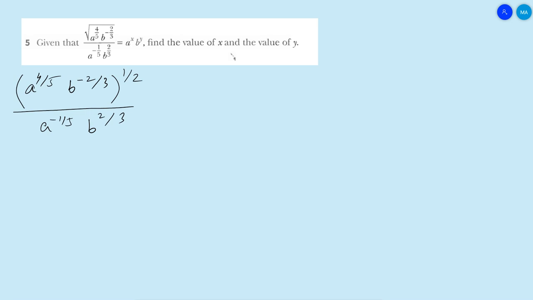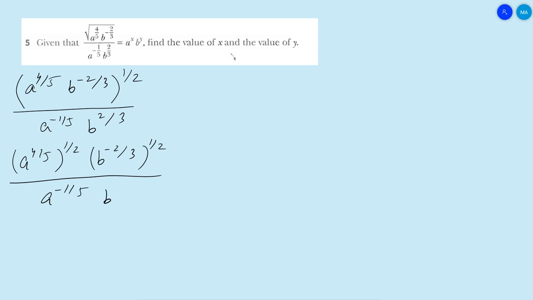Apply 1 upon 2 in the whole bracket. So a 4 upon 5 whole 1 upon 2, b minus 2 upon 3 1 upon 2, upon a minus 1 upon 5 b 2 upon 3.